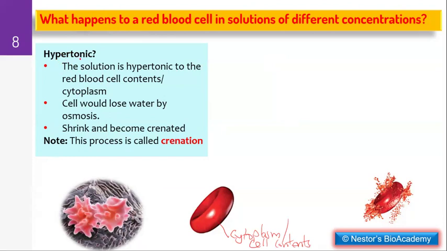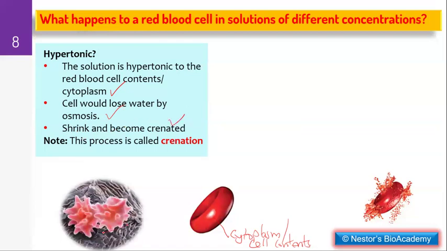So when you talk about a hypertonic solution, it means the solution is more concentrated compared to the red blood cell cytoplasm or the red blood cell contents. So the solution will be hypertonic to the red blood cell contents. So the red blood cell is going to lose water by osmosis. When it loses water by osmosis, you expect the red blood cell to shrink and become crenated.